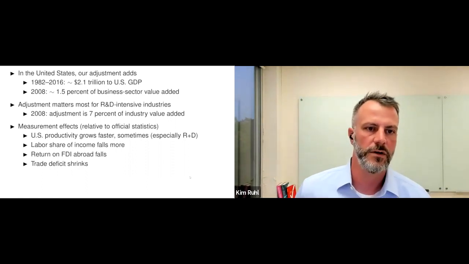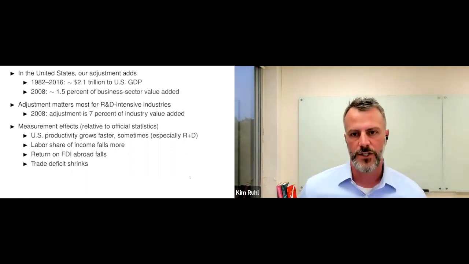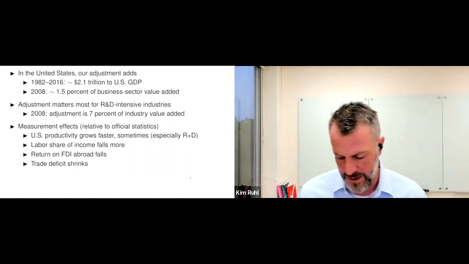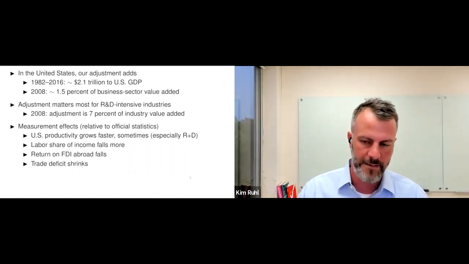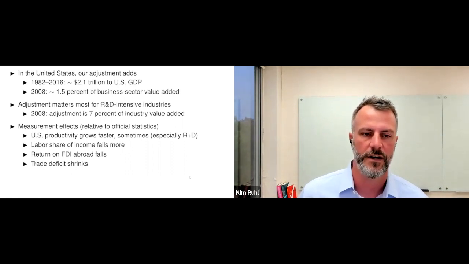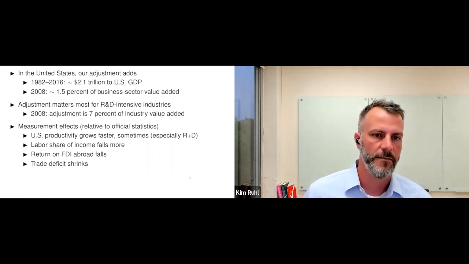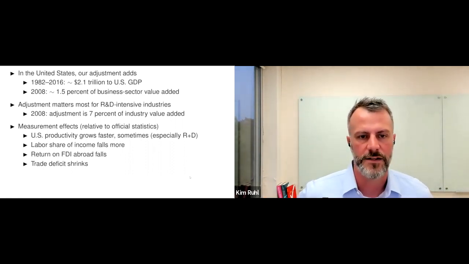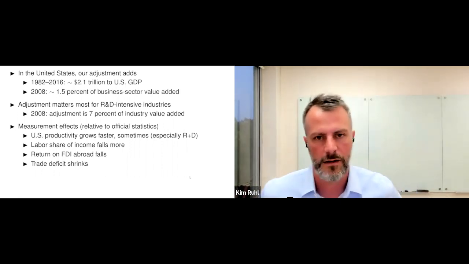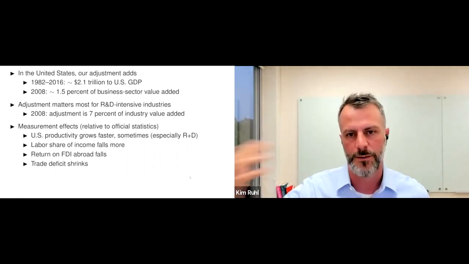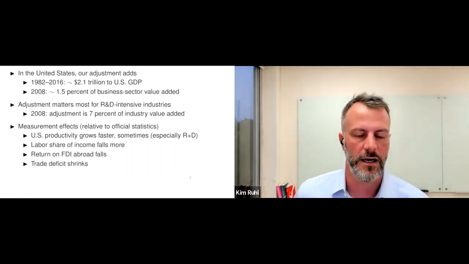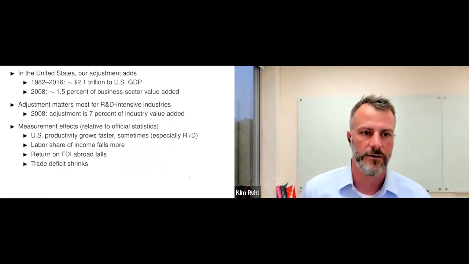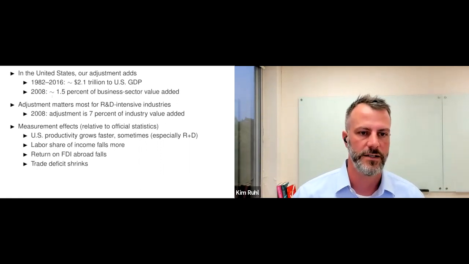So just to conclude, we've constructed this adjustment that's robust to a lot of things and based basically just on optimization characteristics of the firm. From 1982 to 2016, it's about $2 trillion of GDP that we're reattributing back to the United States. It reaches its peak in 2010. Oops, I should say 2010, not 2008.